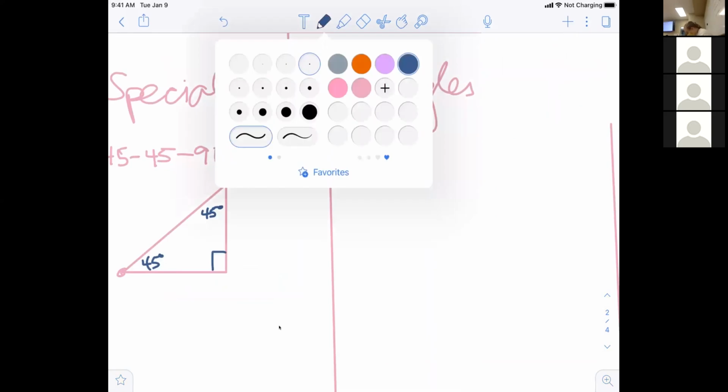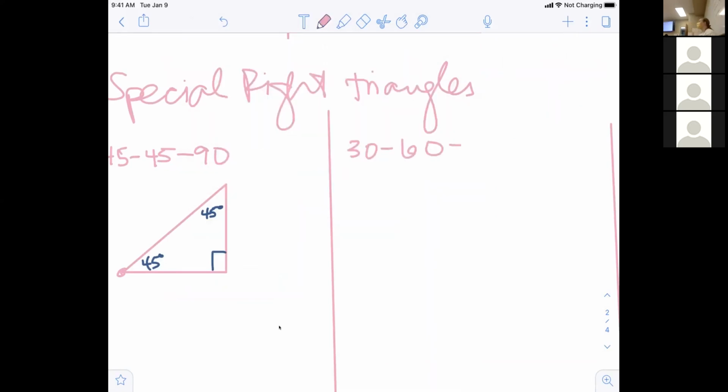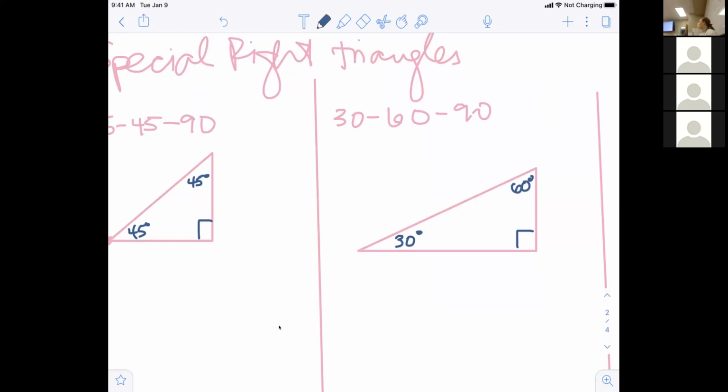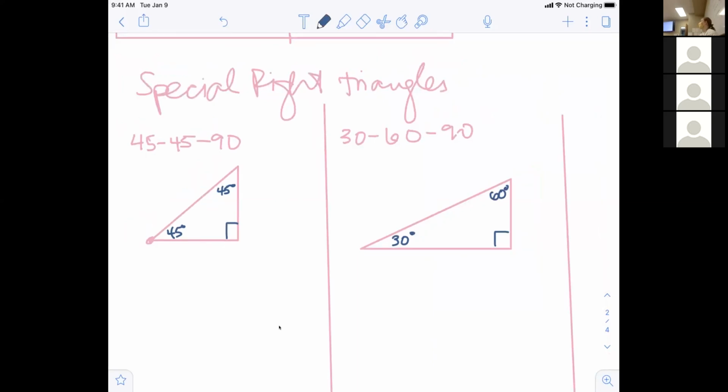The next one is 30, 60, 90, and we're doing it twice because you could either focus on the 30 or the 60. On this one, the 30 is the angle in the bottom left, and the 60 is up top. Now I'm going to draw this exact same triangle, but flip it so the 60 is in the bottom left corner instead.